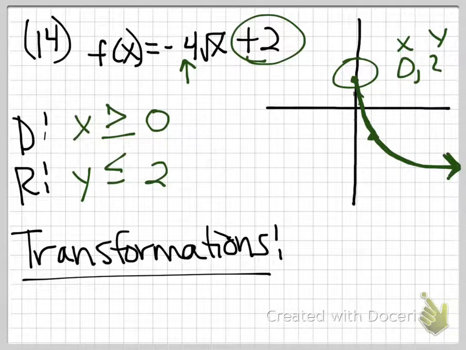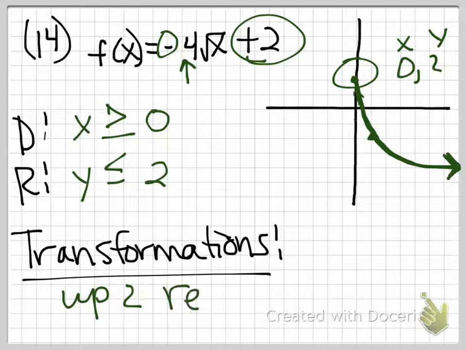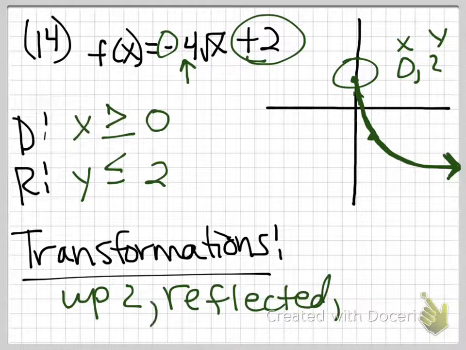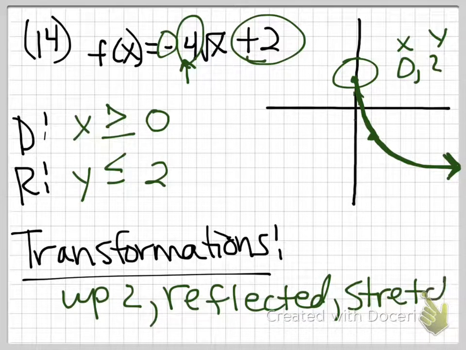Now what are the transformations? The plus 2 gave us up 2. What did the negative do? It switched the direction. Instead of going upwards, this goes downwards, so it's been reflected. And then what's the final thing happening here? The slope is 4, which causes it to be a stretch of 4.